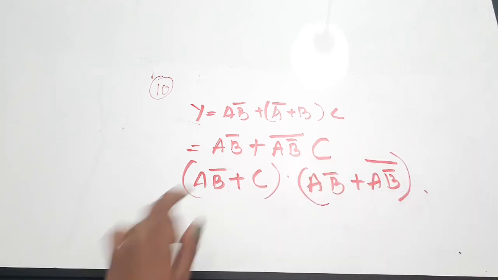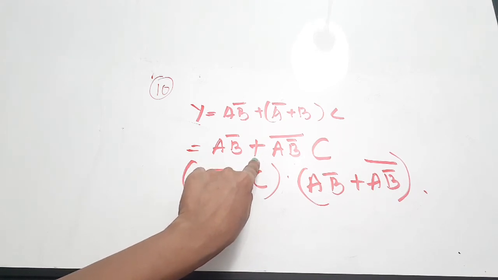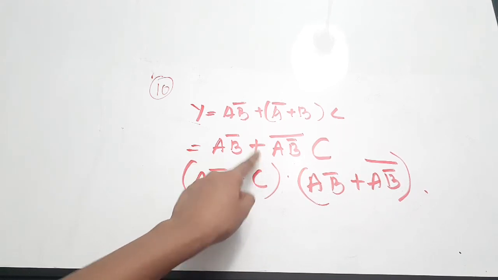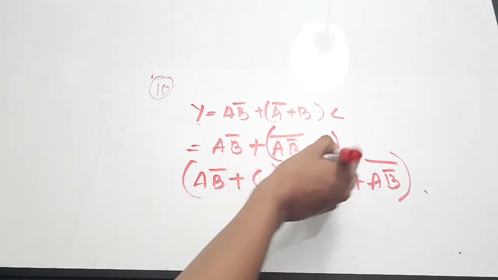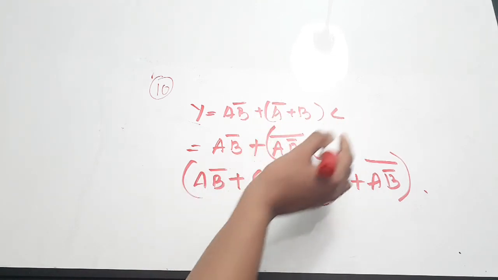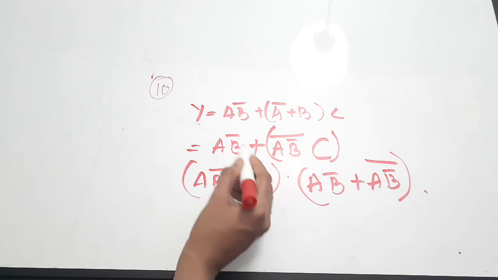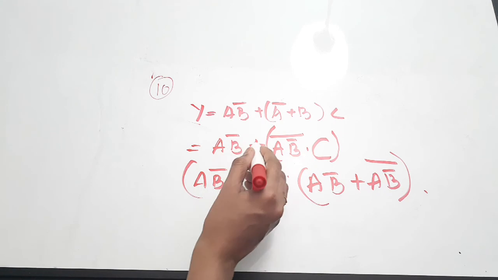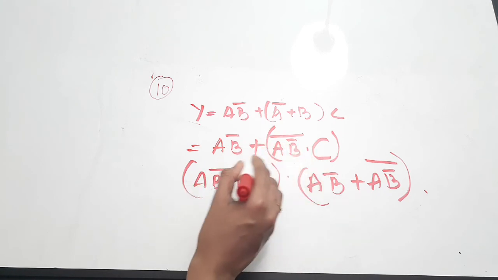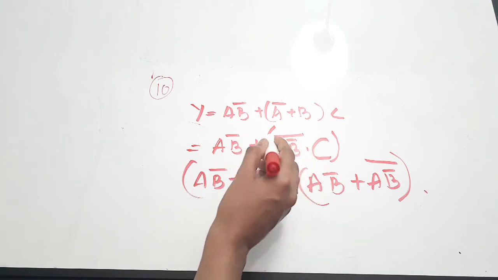Right, I hope it is clear. I have just distributed this positive sign inside. So you can also write it like this: the plus and then a bracket, and I'm going to distribute this plus inside the bracket. So here there is a product term. If you distribute the plus sign, it will be AB complement plus (A B complement the whole complement).